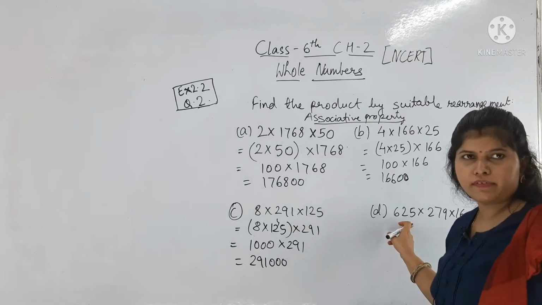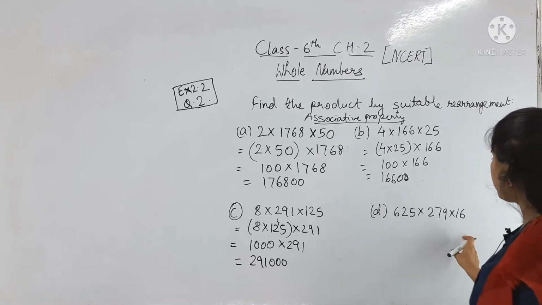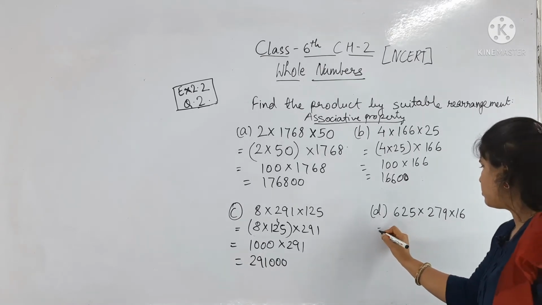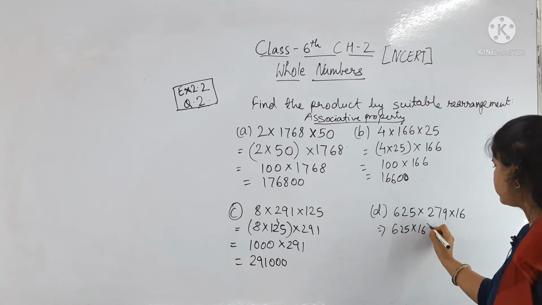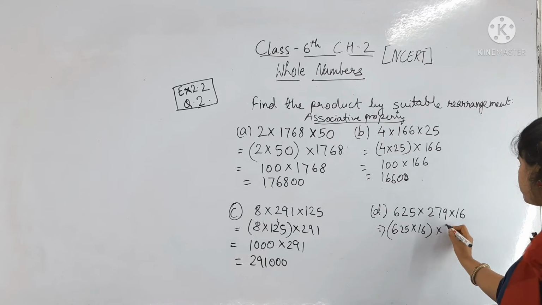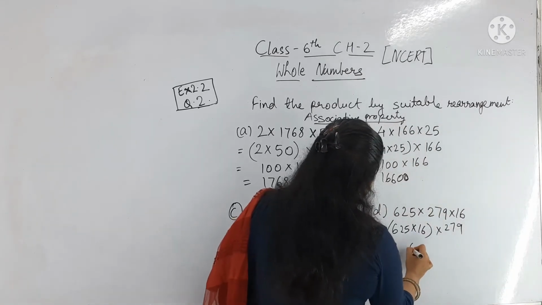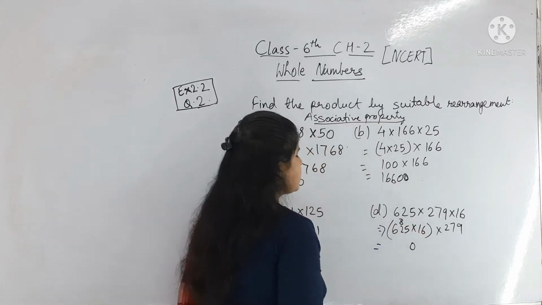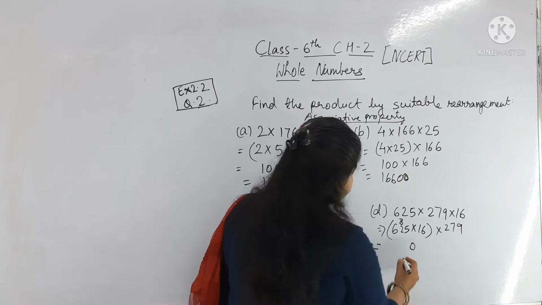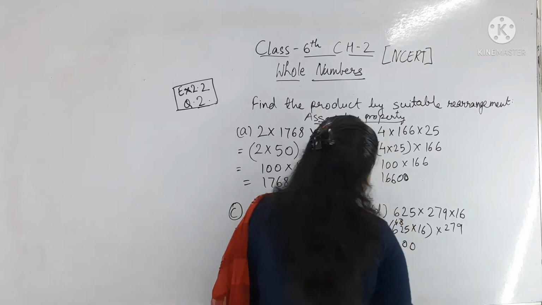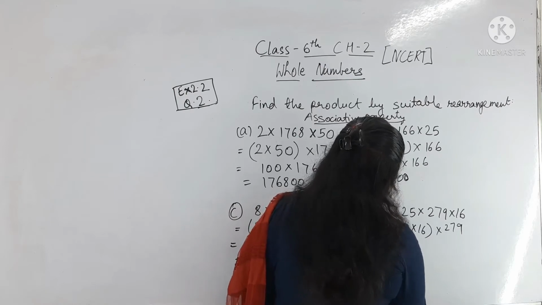Here you can see that 9 fives are 45, I know, and 6 fives are 30, I know. So I am getting 0 in 625 into 16 into 279, and we know that 16 fives are 80. So 0, 8 is the balance, 16 twos are 32, 32 plus 8 is 40, 16 sixes are 96, and 96 plus 4 is 100.